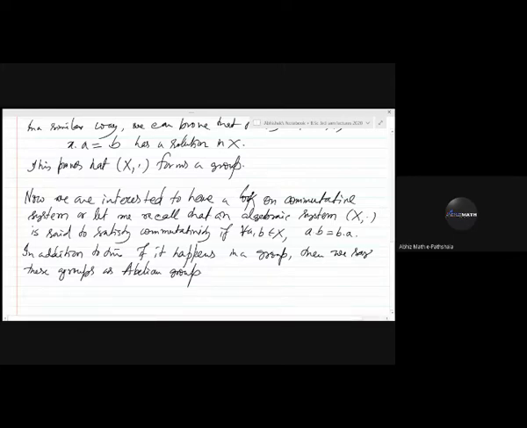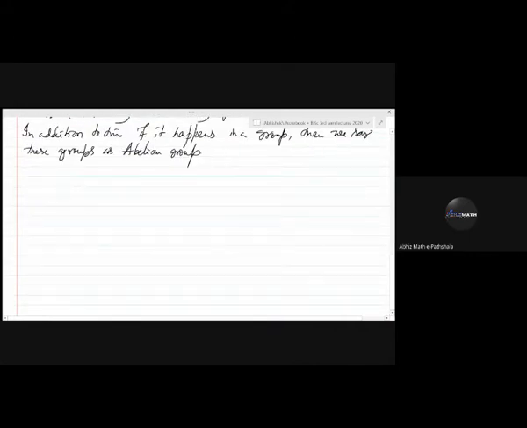Okay. And if you look at the examples, you will see that there are many abelian groups. I have already discussed some examples where you can find abelian groups, such as Z plus, Q plus, R plus, C plus, right? There are many.